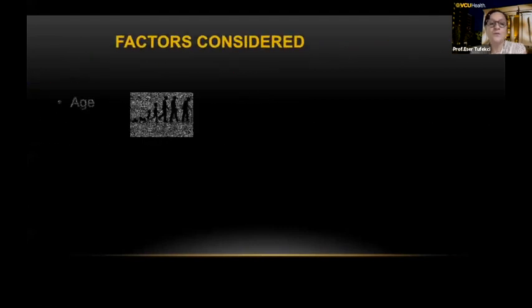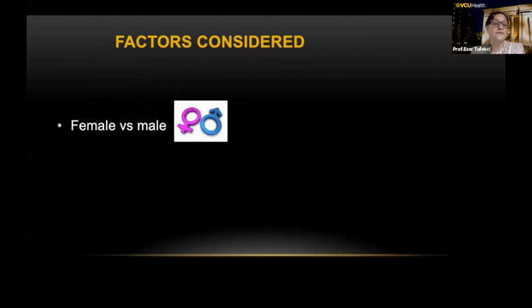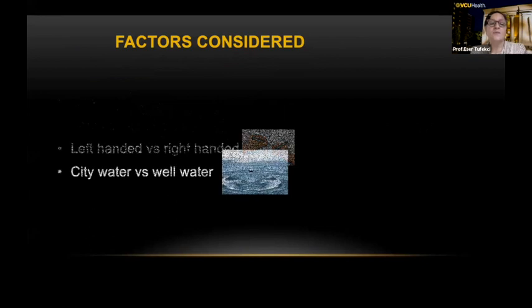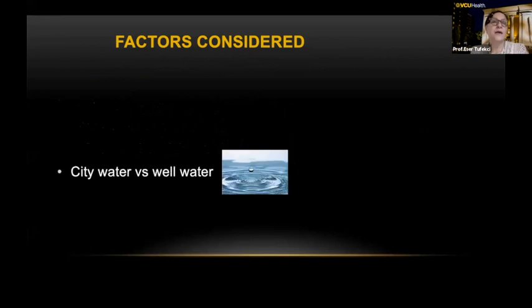In addition, what we considered was the age of the patient, whether the patient was female versus male, because we think that females are more compliant than male patients, especially children. Whether the patient was left-handed versus right-handed, and whether they lived in a house with city water or well water.